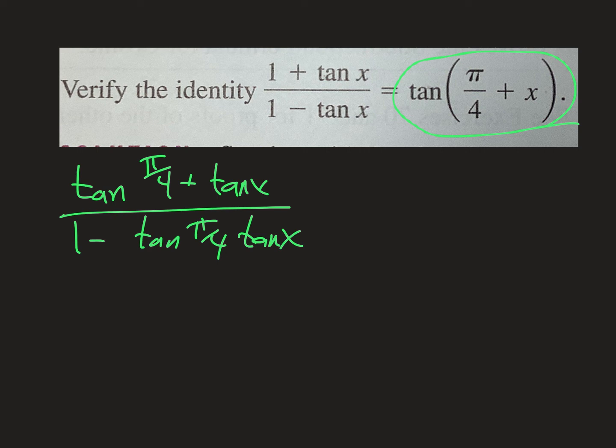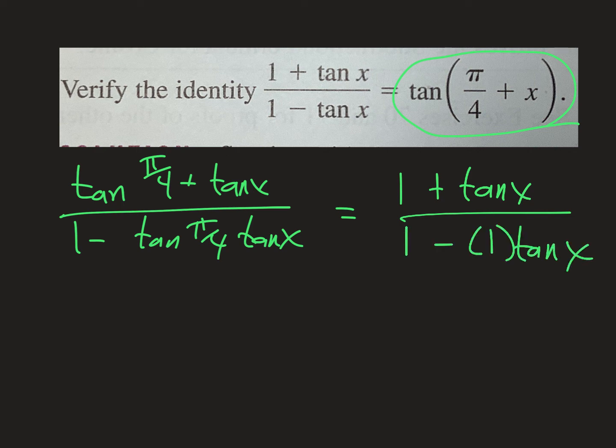So I hope you wrote that first slide down. Tangent of π/4 is 1. Okay, so look at the top already. It's 1 plus tangent x. The bottom again, tangent of π/4 is 1, so I get 1 minus 1 times tangent x, which is exactly what that is. Okay, so again, 2 lines. I actually wrote it in 1 line, but 2 lines, pretty quick.